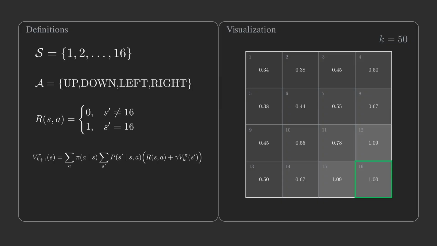In the grid world, this means, for each cell, we look at the neighboring cells, take the current value estimates, discount them, average them according to the policy, and update the table. After enough iterations, the value converges and the value function is found. This process is called policy evaluation. It is an iterative algorithm that results in the computation of the value function of the policy we are following.